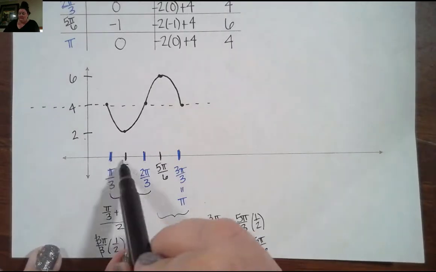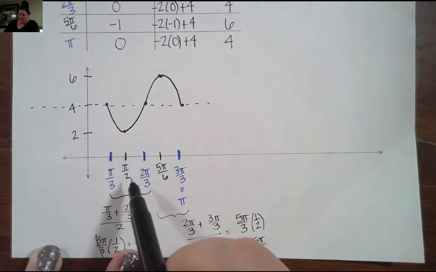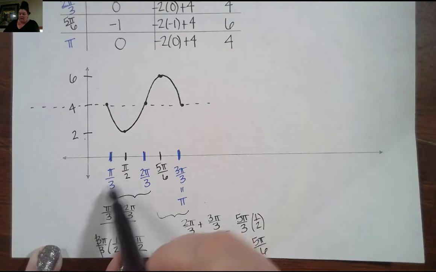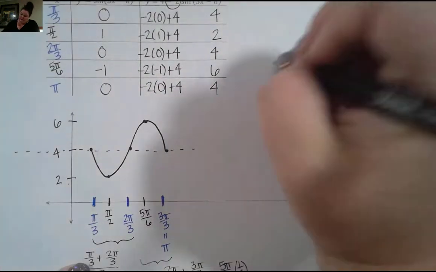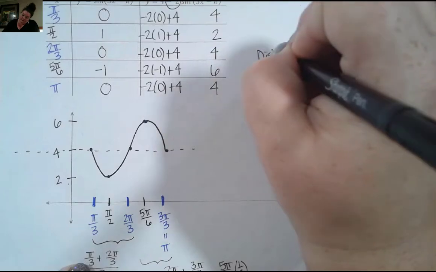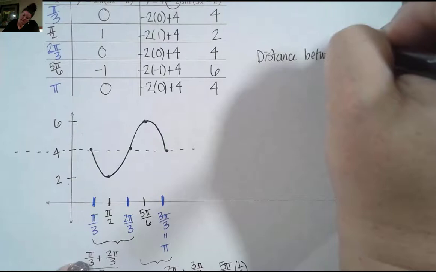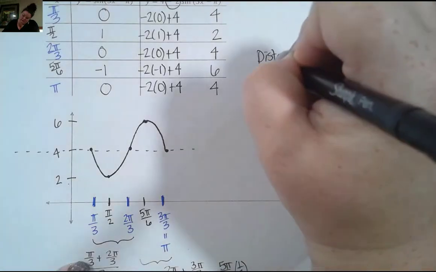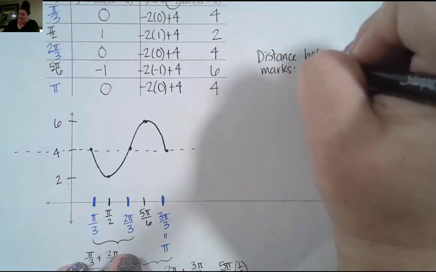So to find the distance between pi over 3 and pi over 2, I'm just going to subtract. I'm just going to take pi over 2 and subtract pi over 3. Okay, so I'm just going to write over here distance between tick marks. I'm going to take pi over 2 and subtract pi over 3.